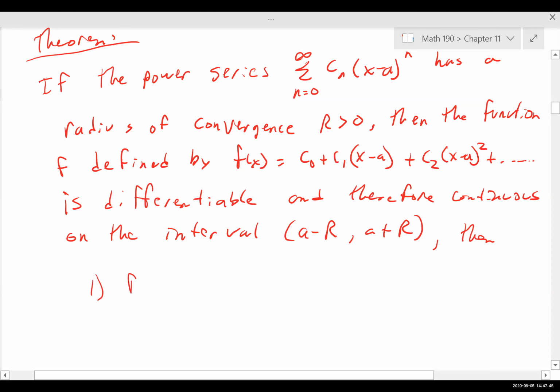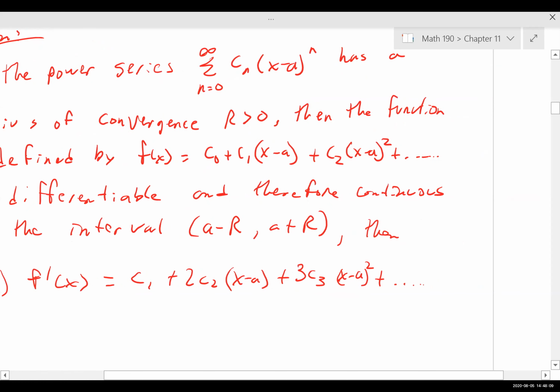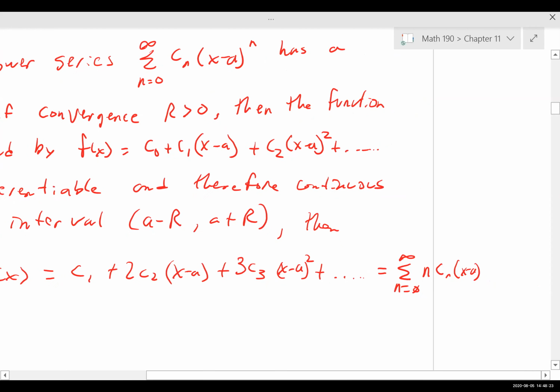Number 1: f prime of x equals c1 plus 2c2 times x minus a plus 3c3 times x minus a squared plus dot dot dot, which is equal to the summation n equals 0 to infinity of n times c sub n times x minus a to the n minus 1.